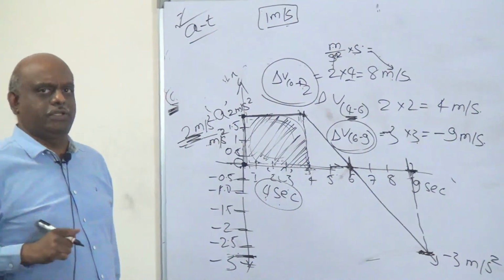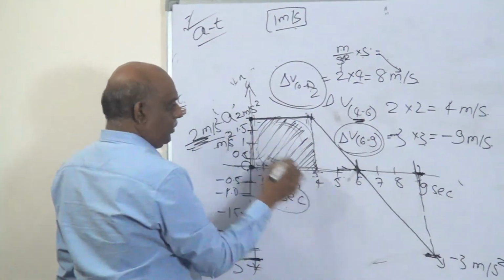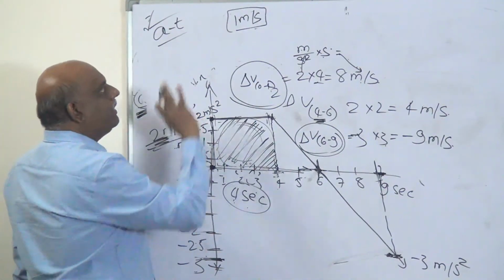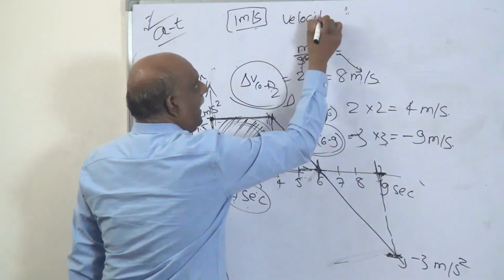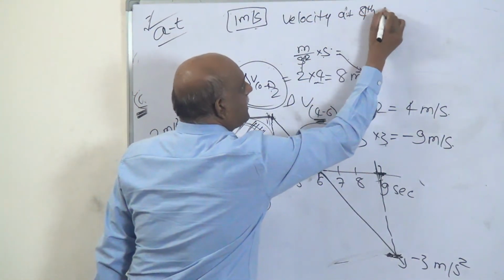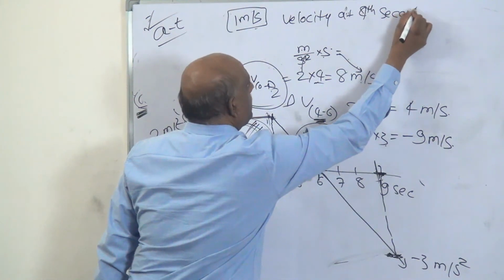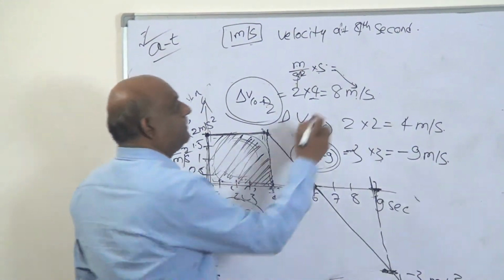I ask you a question. Tell me, looking at this graph, what is the velocity at the fourth second? So how will you answer this? It's very simple.